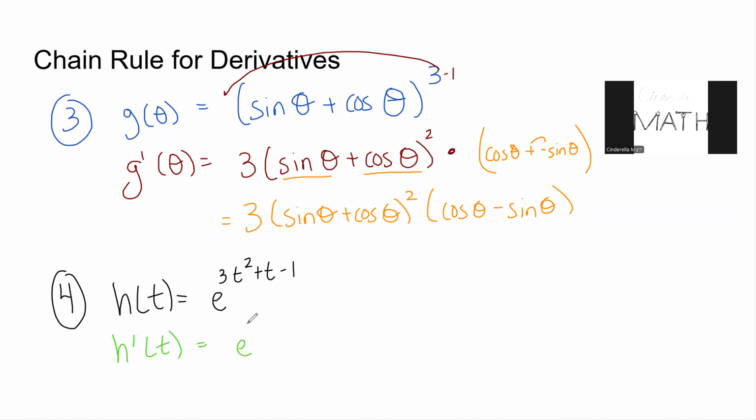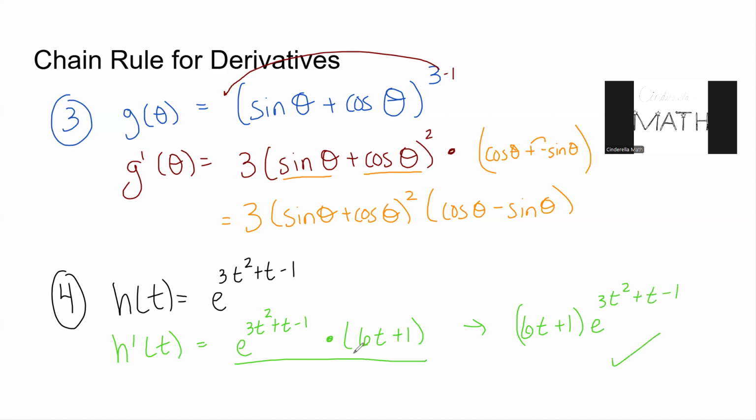So write that same thing exactly. And then for chain rule, you're going to times the derivative of the power. So just looking at that power, the derivative would be 6t plus 1. You can leave it like that. I've seen some professors want it like this, 6t plus 1 times e, blah, blah, blah, blah. I think it does maybe look a little better with the e in the back, but it doesn't matter. Either way is fine. Okay?